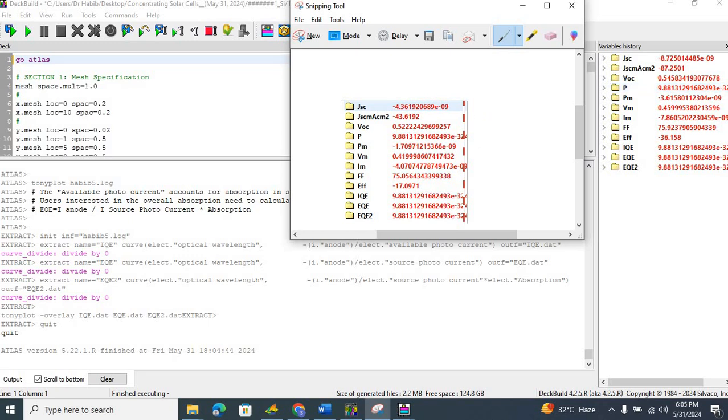Similarly, my open circuit voltage has slightly increased from 0.52 to 0.54, which is according to the theory of solar cells. If we increase the intensity, the short circuit current density is directly proportional to the input light intensity, while the open circuit voltage increases by a really small number.